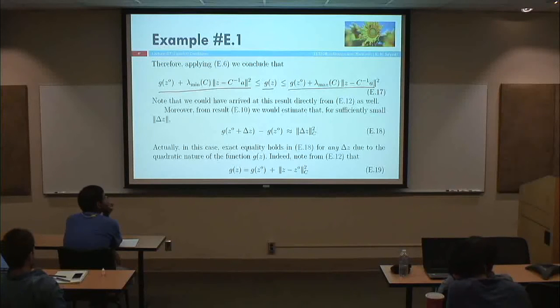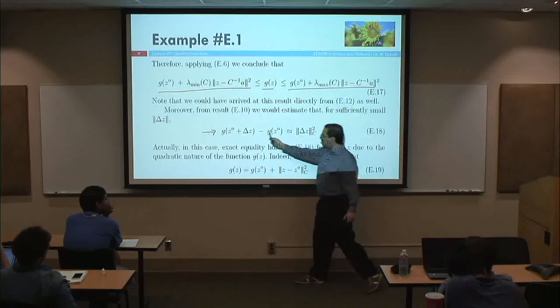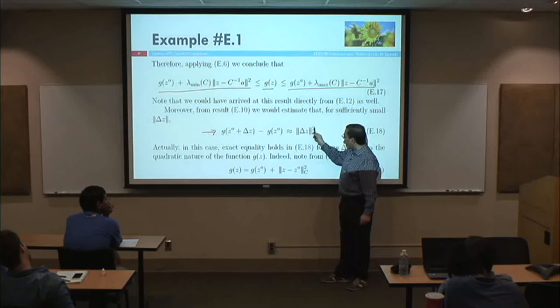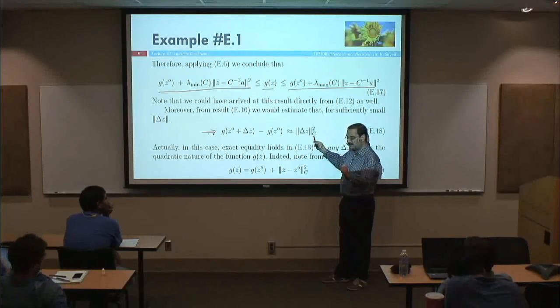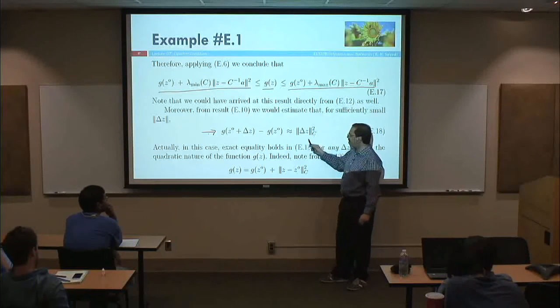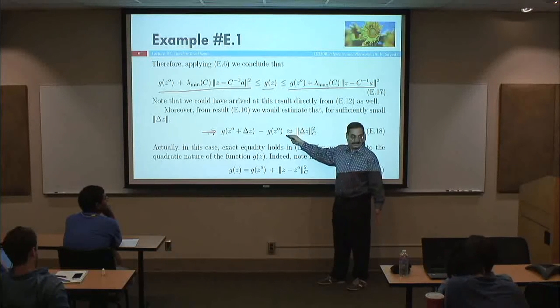Okay, and then the second component of the lemma is that I have an expression for the increment, right? What did the expression say? It will be the squared norm of the step, weighted relative to the 1/2 of the Hessian. The Hessian was 2C, so it becomes C. Now, the lemma said that this is approximate, but for the quadratic case, this is actually exact, right?